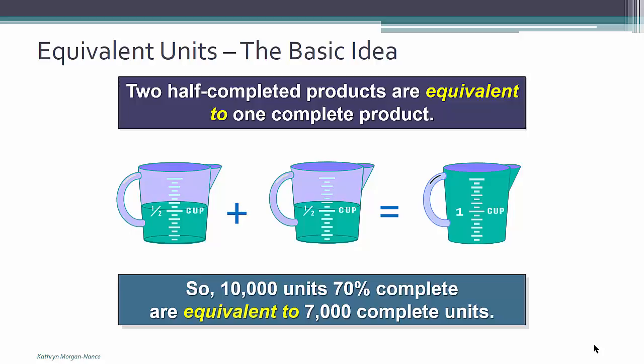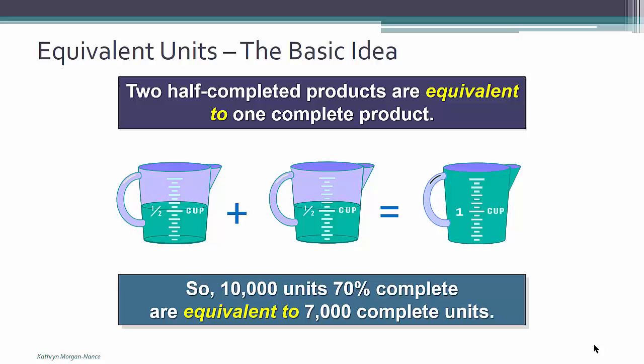For example, we can say that 2 half cups of water are equal to 1 whole cup. Therefore, 2 half-completed units of production are equal to 1 completed unit. Using this logic, we can say that 10,000 units that are 70% complete are equivalent or the same as 7,000 completed units.